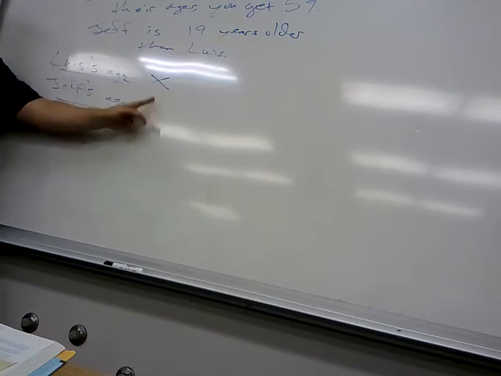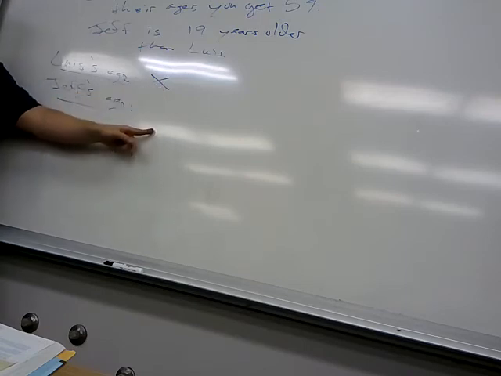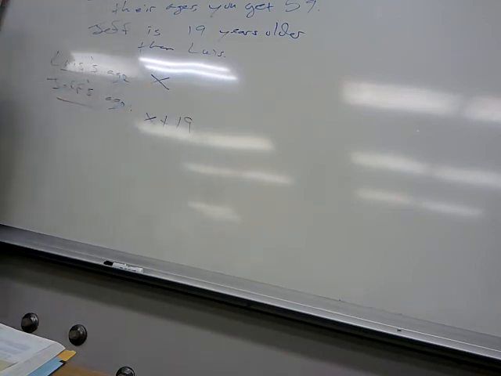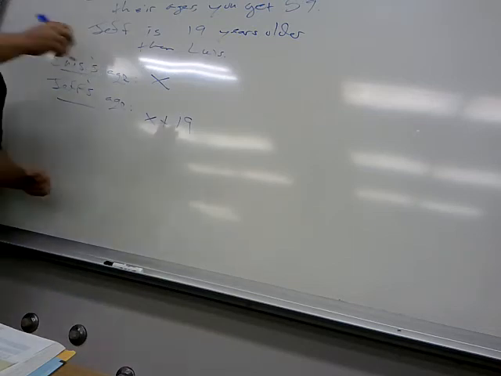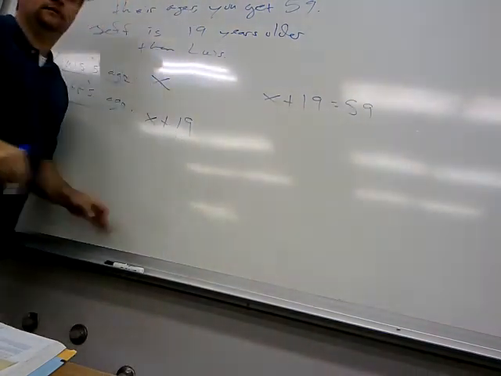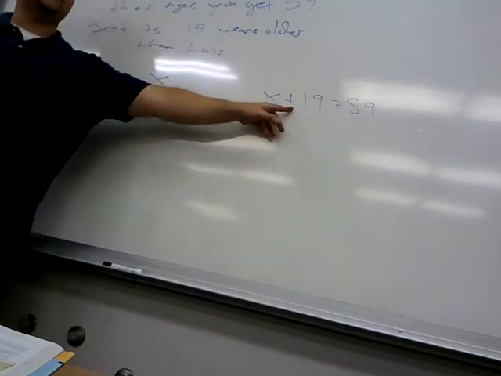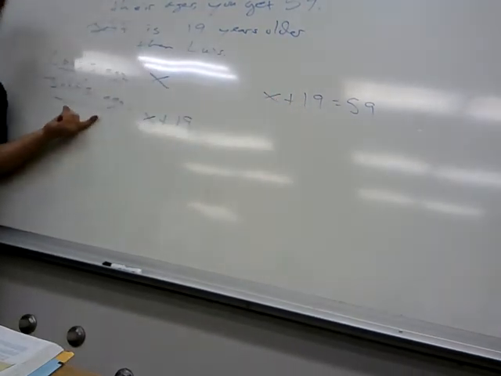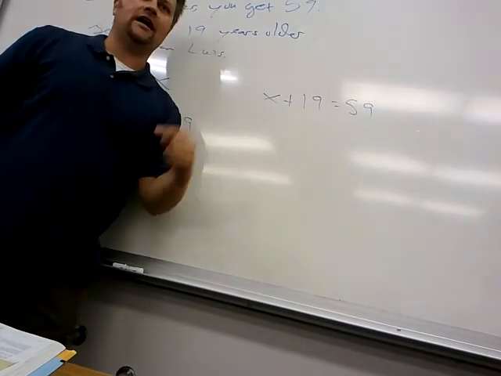What's my age then based on that? X plus 19. Beautiful. Him plus 19 equals 59. Now, what equals 59? Be careful. The biggest mistake I get is somebody says this. What's wrong with that? What is x plus 19 in English? That's mathish for who? So you're saying I am 59.